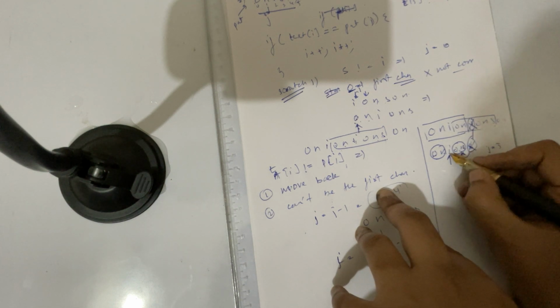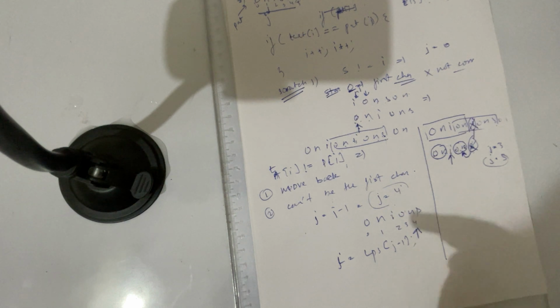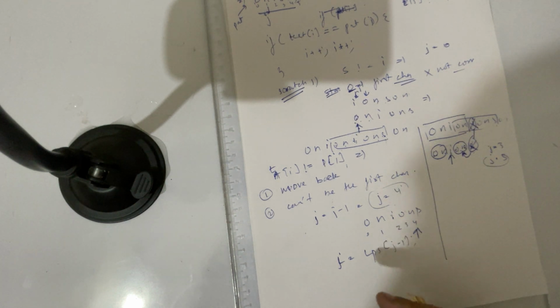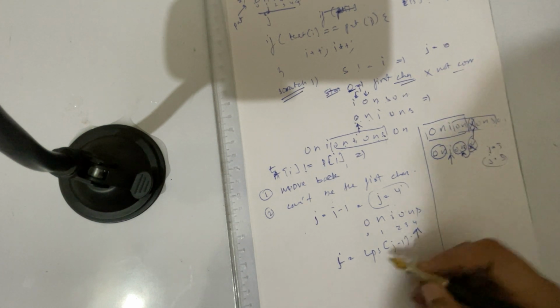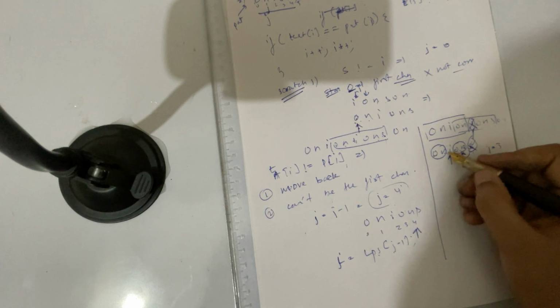So LPS is telling me which next character I have to match. With the help of longest prefix suffix, I am getting to know which next character I have to match. So in case of not matching or failure, I'll go to the LPS and check which next character I have to match.